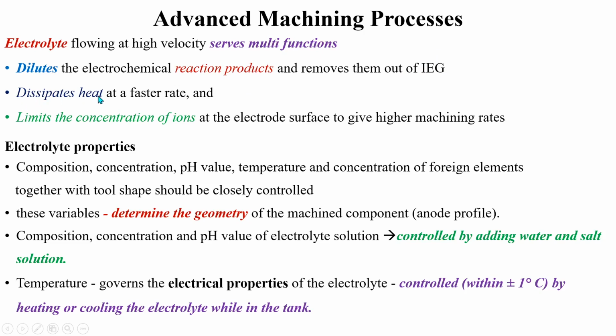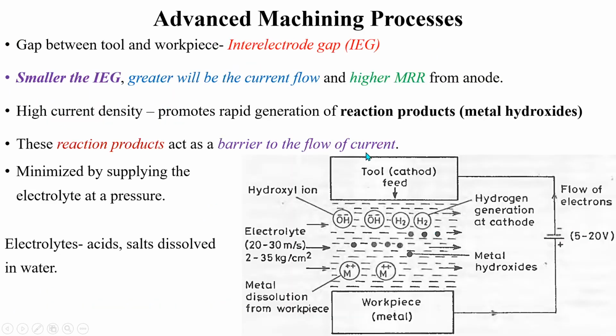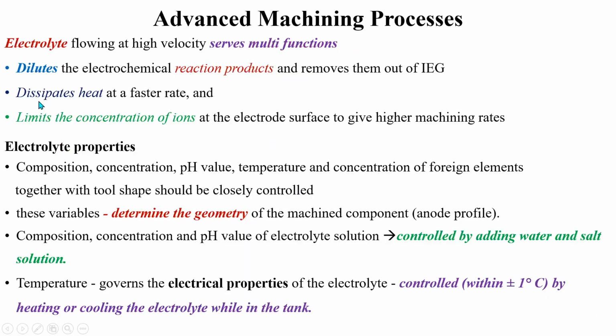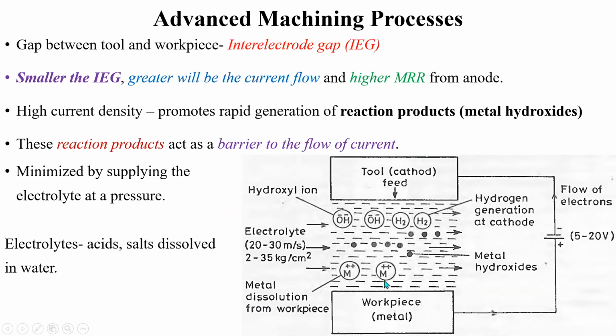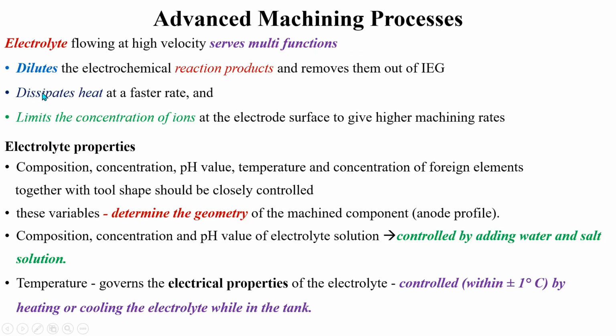And it dissipates the heat at a faster rate. Sometimes the chemical reaction is also associated with heat generation. Because of the presence of electrolyte, it can dissipate the heat at a very fast rate, and it can also limit the concentration of ions at the electrode surface to give higher machining rates.